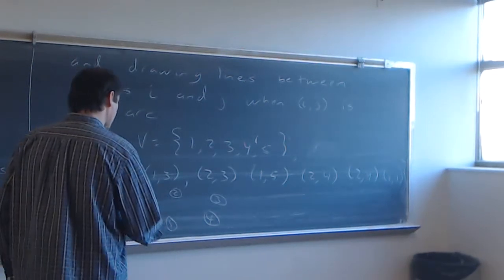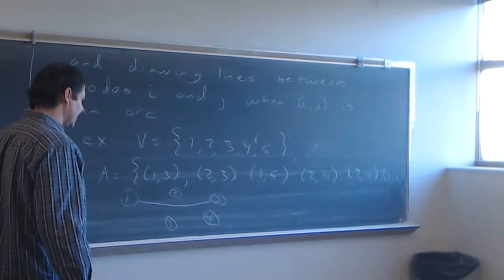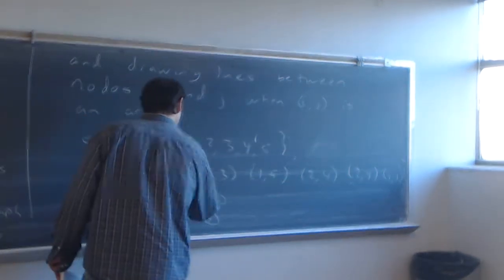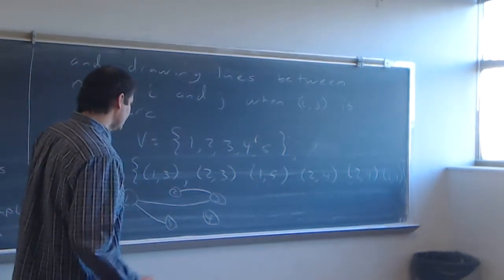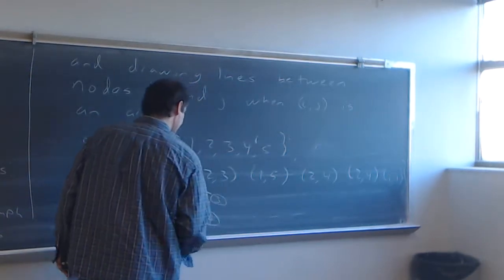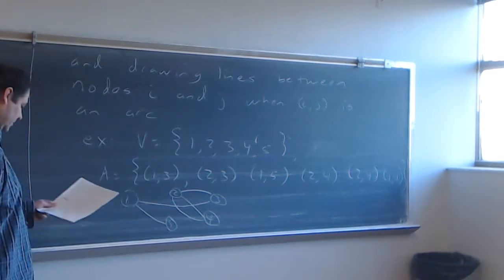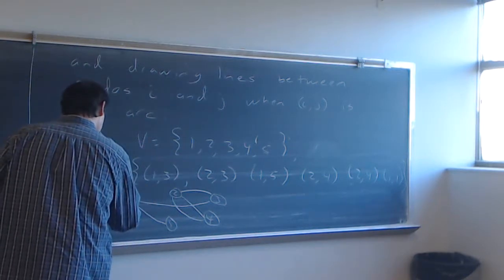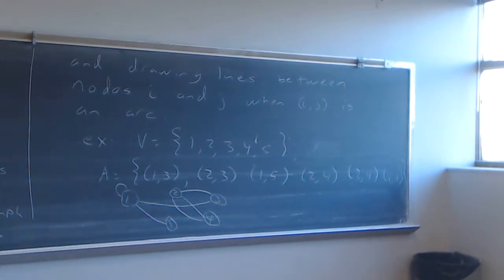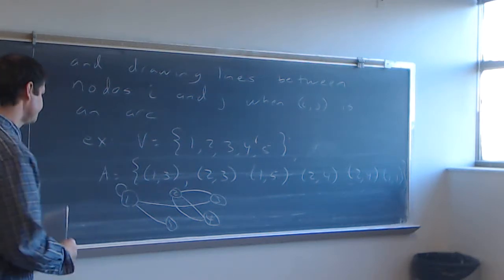Okay. So we're saying that 1 and 3 have an arc between them, so that line connecting. 2 and 3 have an arc between them, so that's that arc. 1 and 5 have an arc between them, so there's that line. 2 and 4 have an arc between them, so that's that line. 2 and 4 have another arc between them, so I'll draw another arc. Okay. So there are 2 arcs here. And then finally, we have 1 and 1, and so I'll draw that arc. So that's a representation of this graph. One way for it.